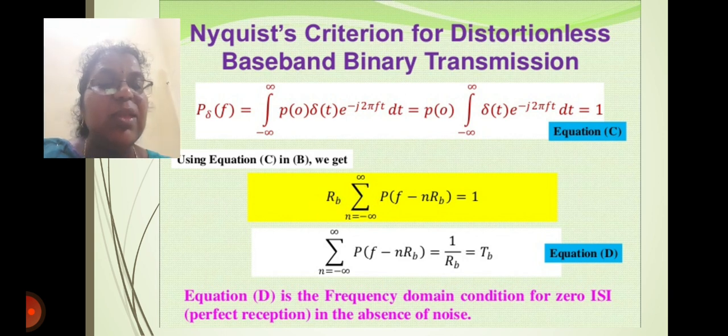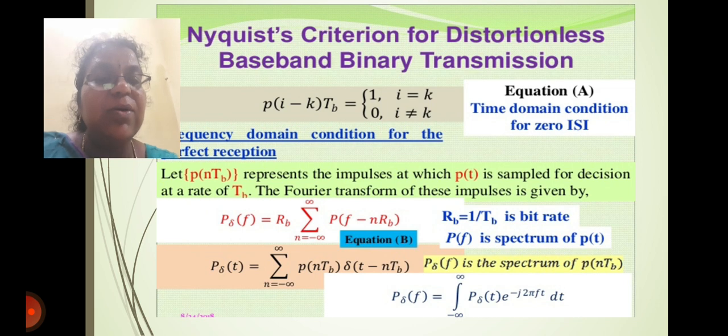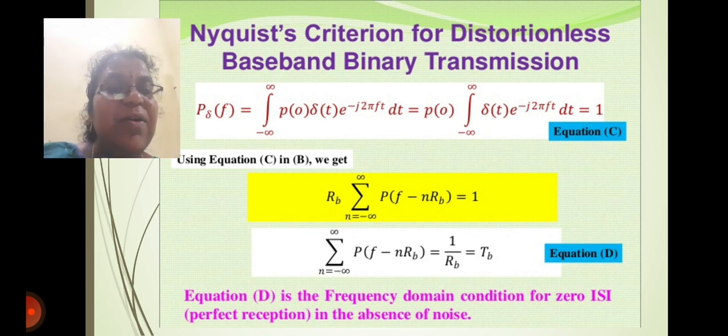Using this in the equation for P_delta(f), we get 1 equal to Rb times summation n equal to minus infinity to infinity P(f minus nRb) equal to 1. So from this, summation n equal to minus infinity to infinity P(f minus nRb) is equal to 1 by Rb, which is equal to Tb. This equation represents the frequency domain condition for zero ISI in the absence of noise.